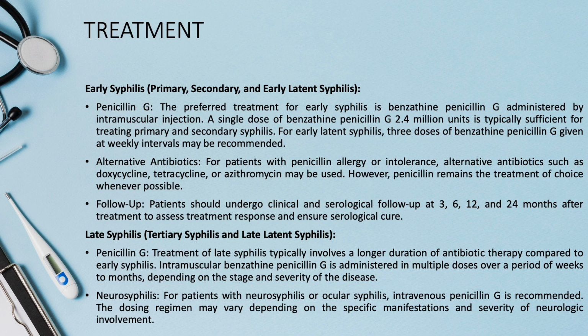If a woman is pregnant and she's getting syphilis, it will definitely affect her child. So it is called congenital syphilis with vertical transmission. Vertical transmission means transplacental transmission of syphilis.